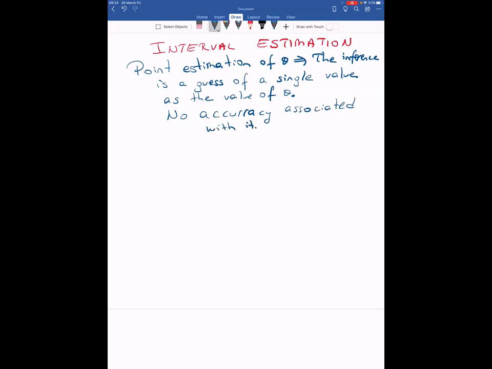So how can we incorporate this sample to sample variation into our estimator? This is the basic motivation in interval estimation.